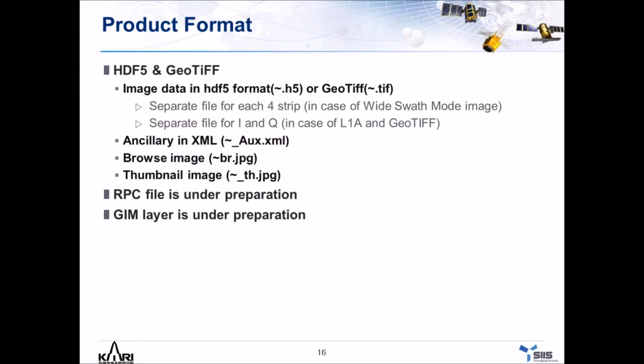The product will be provided in HDF5 or GeoTIFF format. When a product is provided in GeoTIFF format, sometimes files will be separated for each data type, like amplitude and phase, or for each strip. Now we are preparing RPCs and GIM layers for the ancillary data.